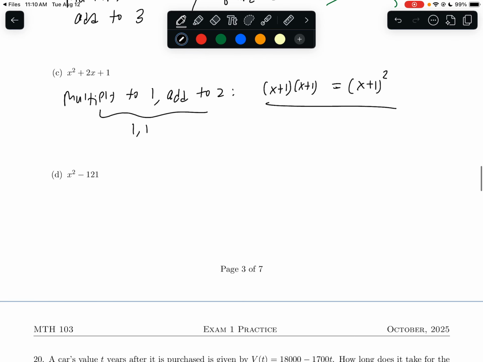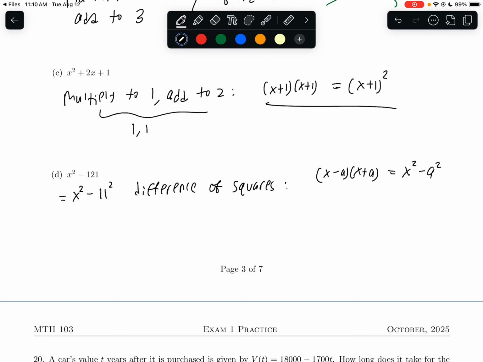For the last one, there's a trick if you notice it, that this is equal to x squared and 121 is 11 squared, which is a difference of squares. So remember, if you have x minus a and x plus a, this is equal to x squared minus a squared.